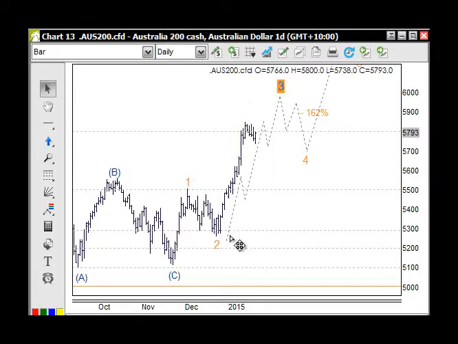I think that we're still in this expanding third wave up here, and we'd be looking at this as 1 and 2. And currently we're at the 3, but just a smaller degree of 3, a minute degree rather than minor degree. And we've just completed wave 4, and we'll be looking for the first high above the level.